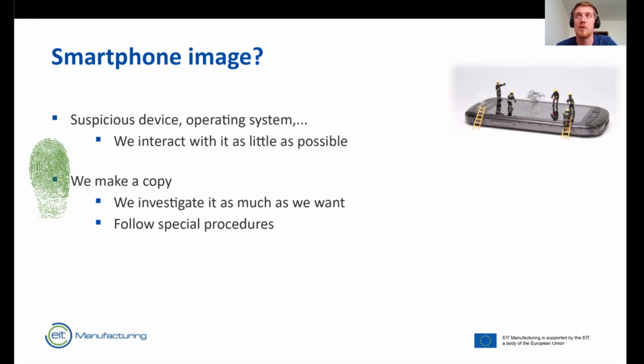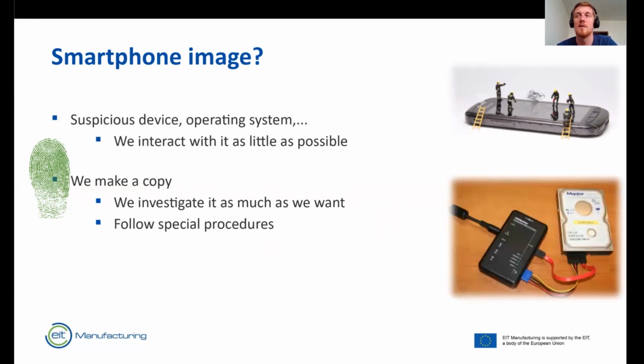We usually follow some special procedures. For example, when making a copy of a hard drive from a computer, we connect this hard drive to a special device which forbids writing operations on this disk. It only allows reading operations, so no data are modified.